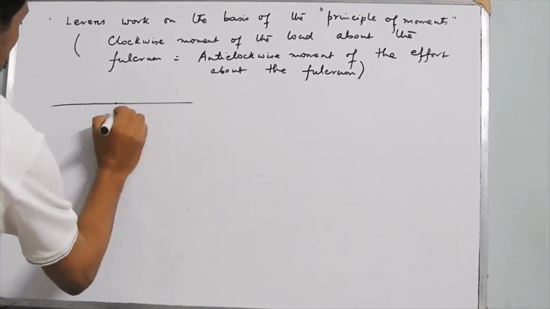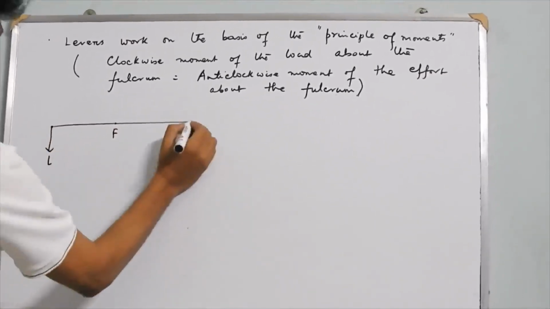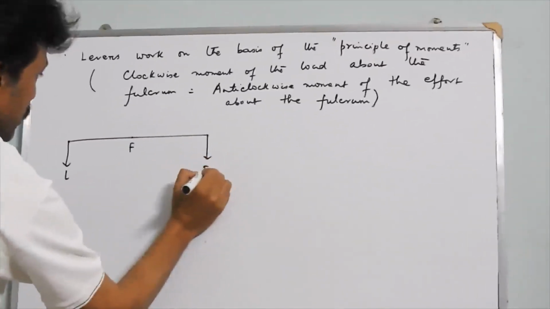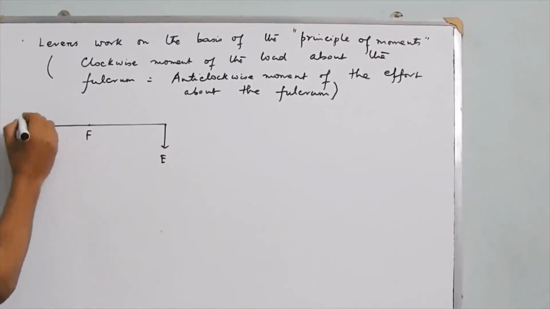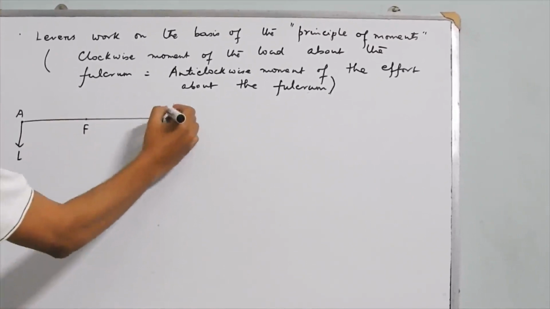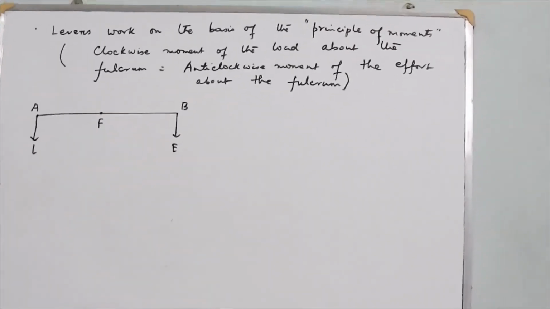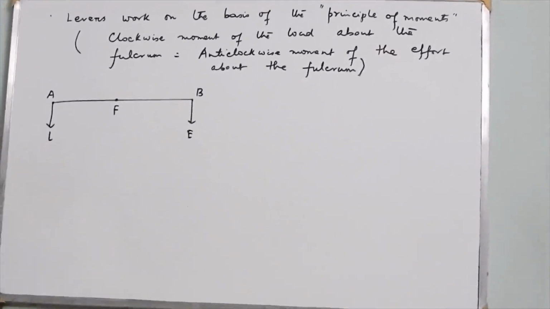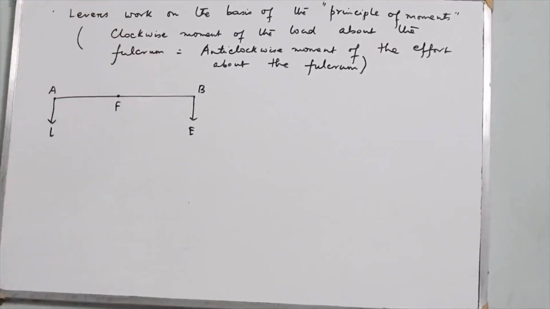So this is the position of the fulcrum, suppose this is the position of the load, and this is the position of the effort. Let me call one end of the lever as point A and another end as point B, and let the fulcrum be F. So the distance between the effort and the fulcrum, this is called as the effort arm.